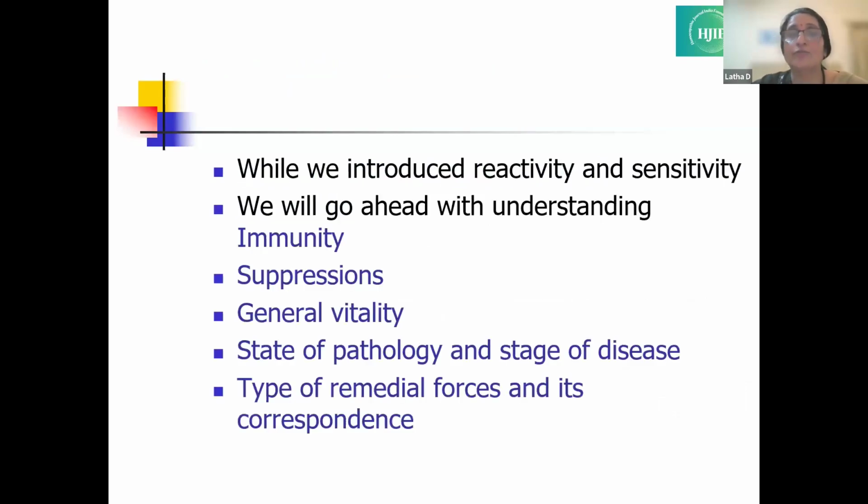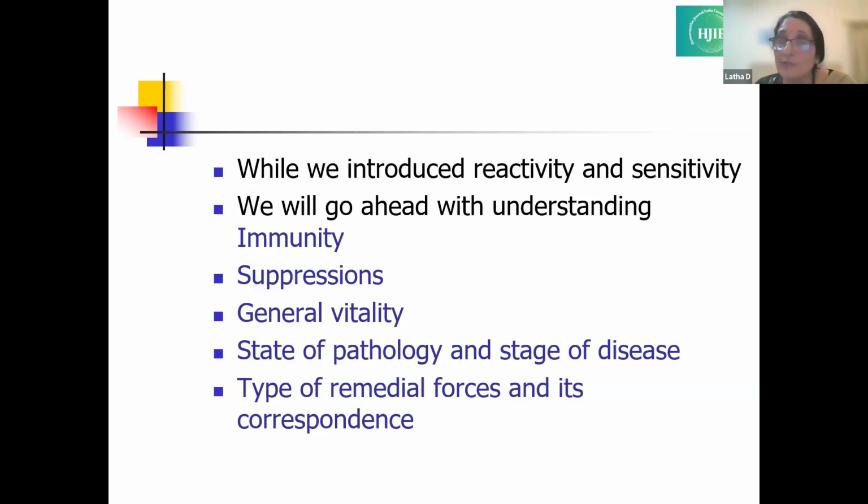Now we come to the third coordinate of susceptibility. This includes a cluster of immunity, suppressions, general vitality, state of pathology, and correspondingly, what remedies are we going to use to take care of this? So as you see, the first part focused more on functional changes which are reversible.